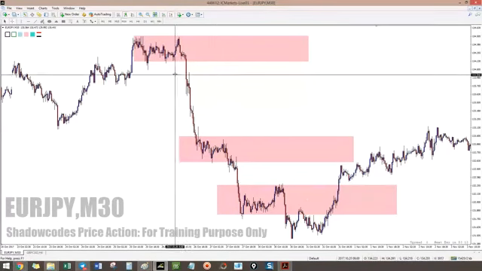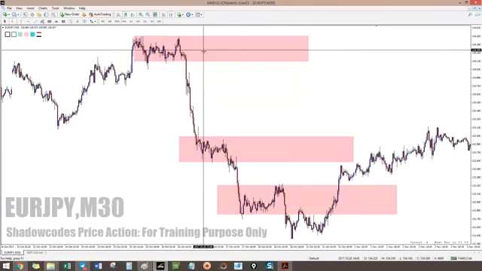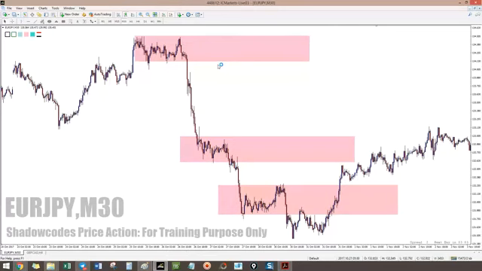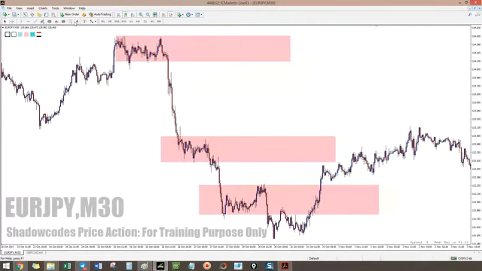during your trade. For example, you entry based on, wait a moment, let me see what kind of trade we can have here. All right, for example, you trade on this swap zone. You entry on this swap zone.